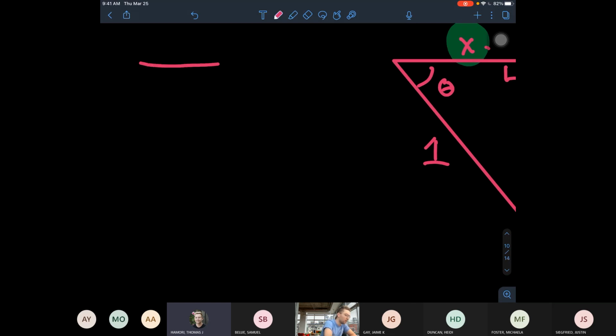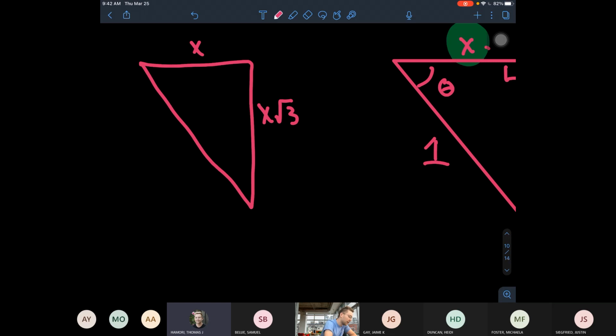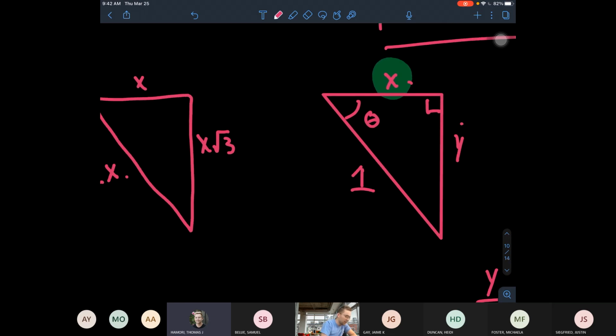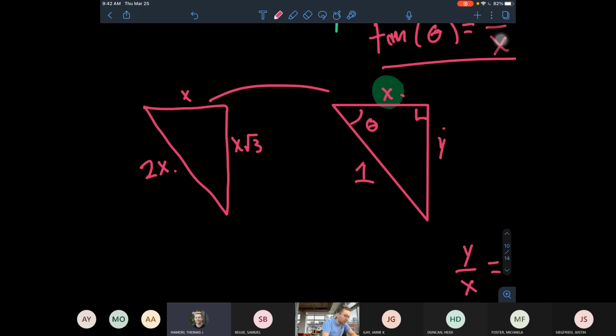In a 30, 60, 90 triangle, if this side is x, then this side will be x times the square root of 3, and this side will be 2x. Basically, this is the situation that I've got over here. If this is the 60, this is the 90, and this is the 30.